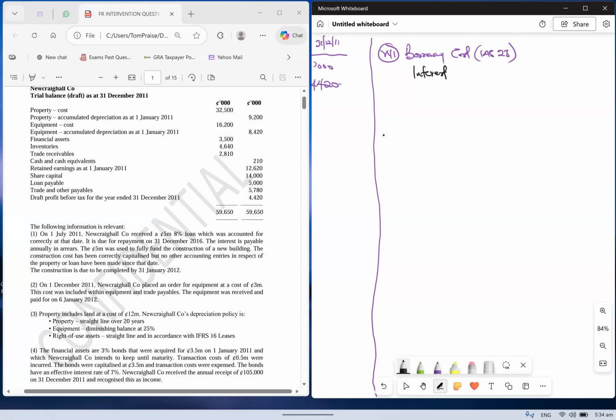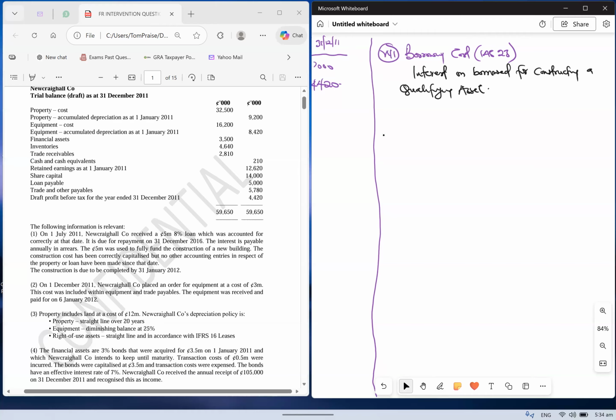So anytime somebody takes a loan or borrowed funds, the interest on borrowed funds for constructing a qualifying asset becomes a borrowing cost.